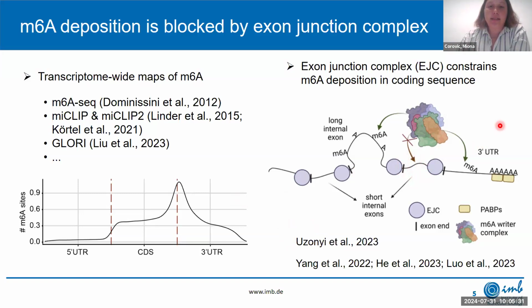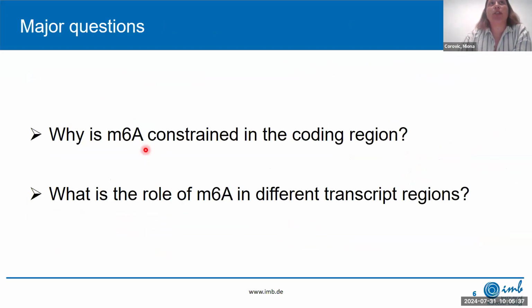That did answer the question of why we see this restriction in the coding region, but it still left the question of what the physiological role of this is. And we were also interested in whether M6A can have different roles if it's located in the coding region or in the untranslated regions.